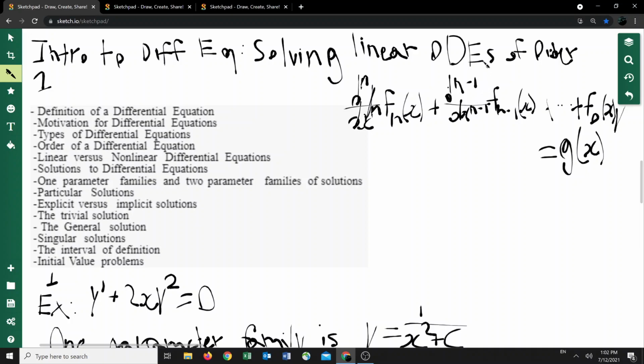Well, some counterexamples: what are nonlinear differential equations? Examples of those are ones where, let's say, our derivative, so we have dy/dx, for example, is to a power of 2, and so on. Some people get this confused with the second derivative, but this is actually just the first derivative squared.